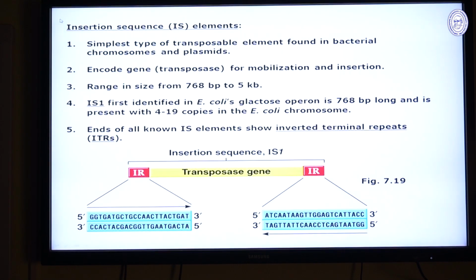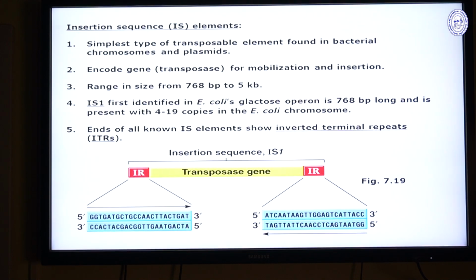So come to the insertion sequences. Please concentrate on the lower part of the slide, where you can see various kinds of insertion sequences named with different numbers. They were basically isolated from bacteria and are named IS1, IS2, IS3 and so on.